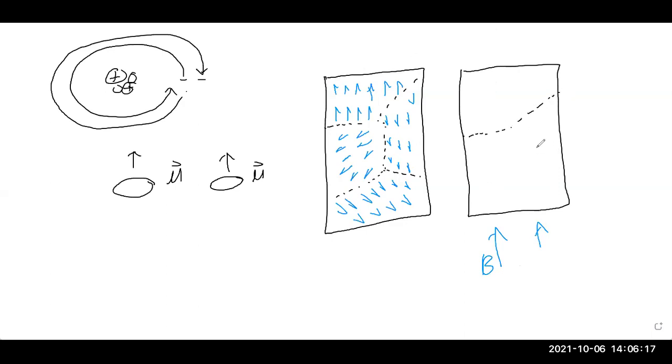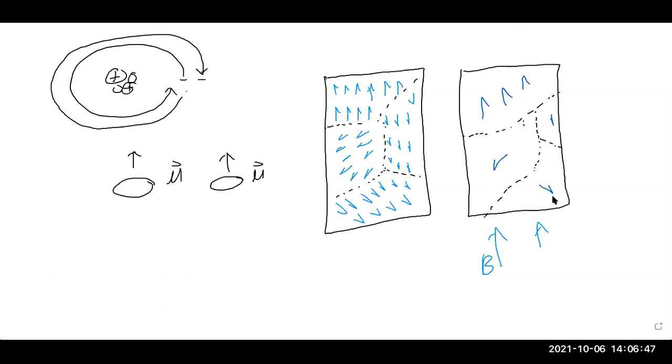And that domain there might shrink. So the amount that is now aligned increases.